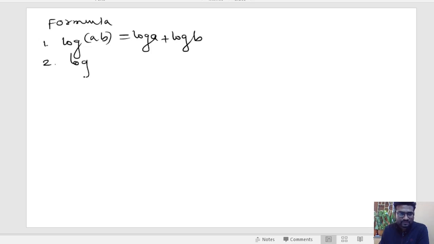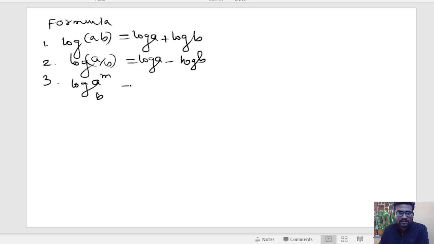log of a by b is log a minus log b. And log a to the power m base b, so we can write m log of a base b.